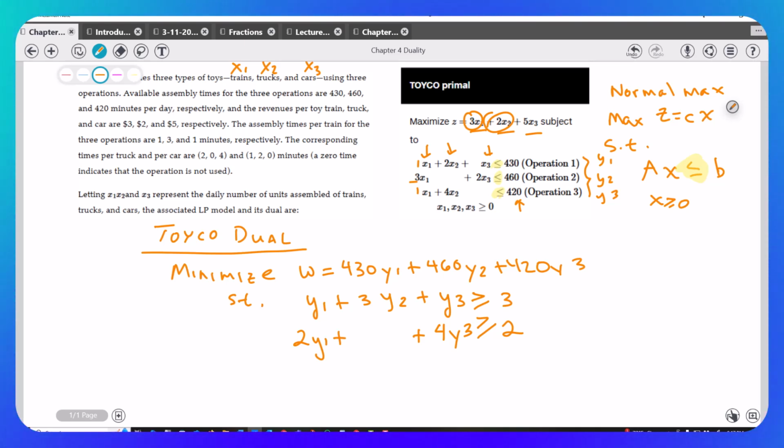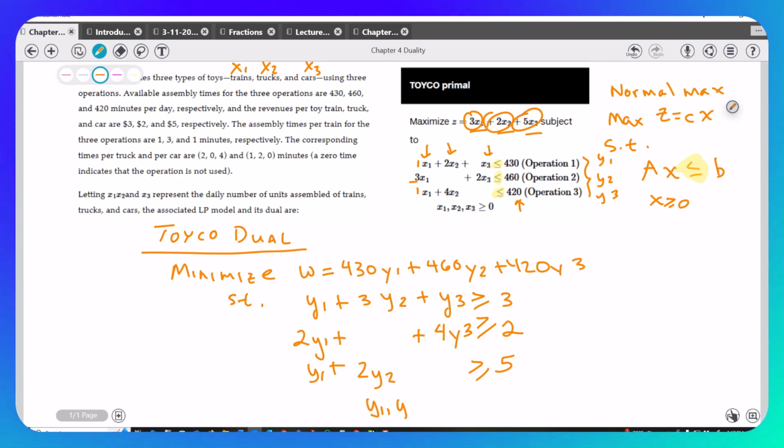And then the last one, I have a 1y1 plus, on the second one, 2y2, there is no y3, and greater than or equal to 5. And then of course we want to be sure to write that y1, y2, and y3 are all greater than or equal to 0.